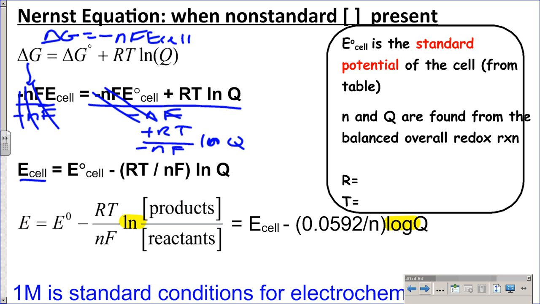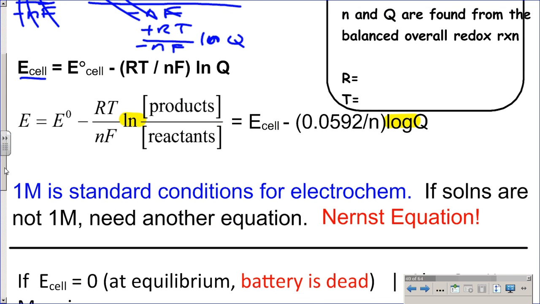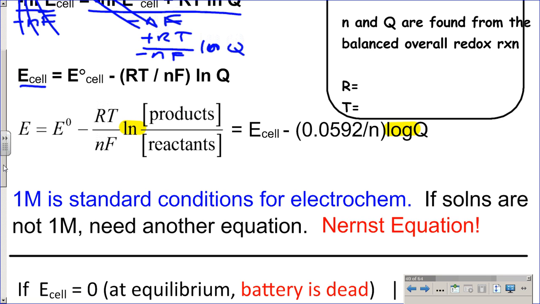So that looks real complicated, but there is a mathematical equivalency to that, which I much prefer. Okay, so hold on, I'll tell you that in a second. It's over there, but you can see it. So I've got E cell is equal to E naught cell minus RT over NF, ln of Q, and Q is, don't forget, just products over reactants, whatever your BC says.